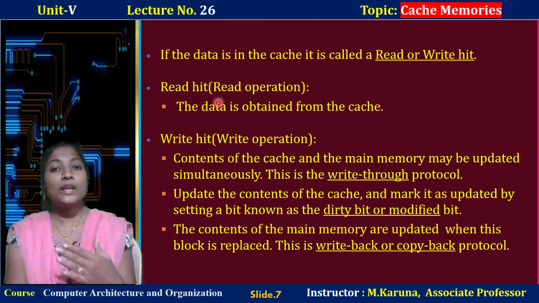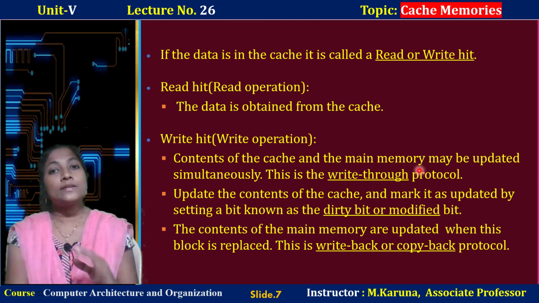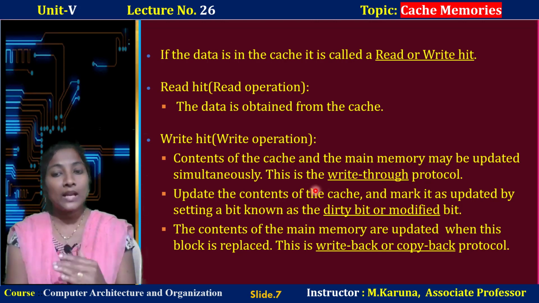A read hit occurs when the data is present in the cache, so that data is obtained from the cache. At the time of a write hit, during a write operation, the content of the cache and the main memory may be updated simultaneously with the help of the write-through protocol.